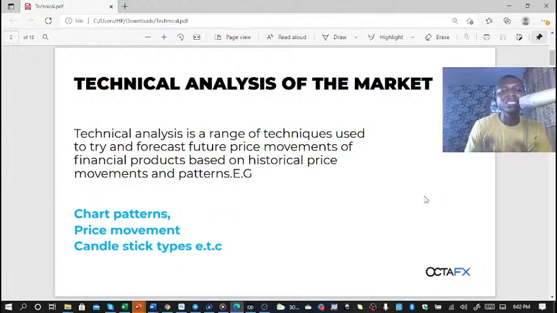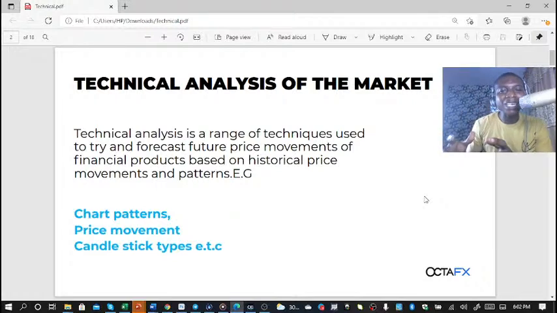So what technical analysis is trying to do is look at what has happened, what is happening, and what will happen.